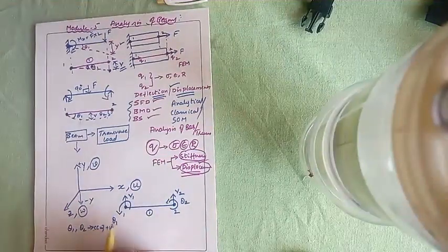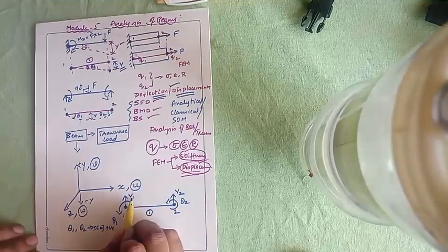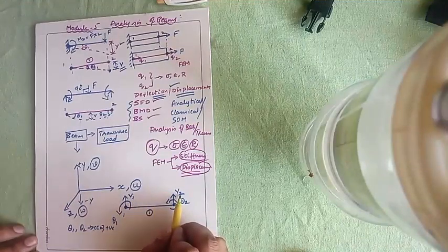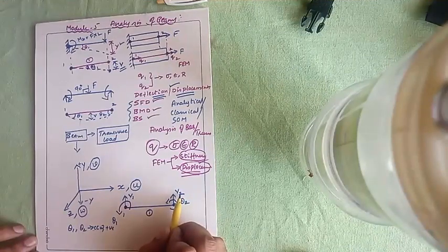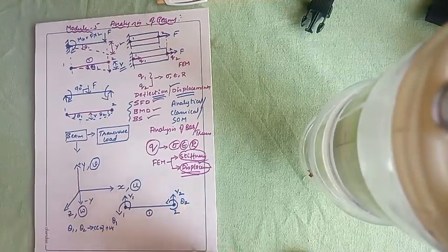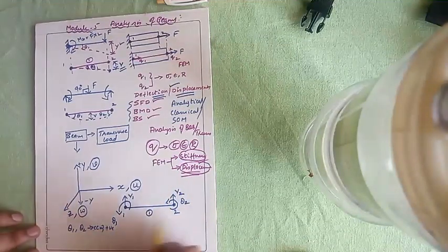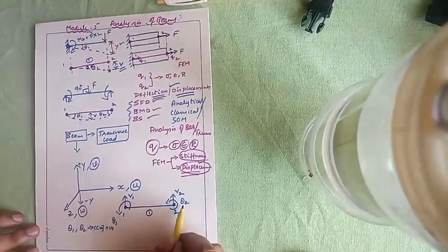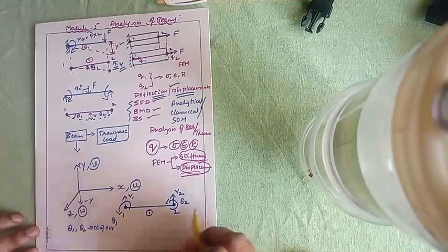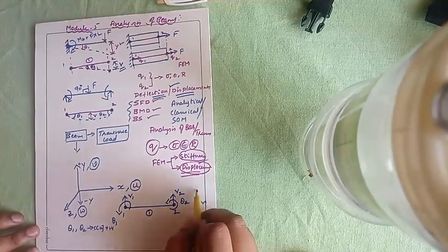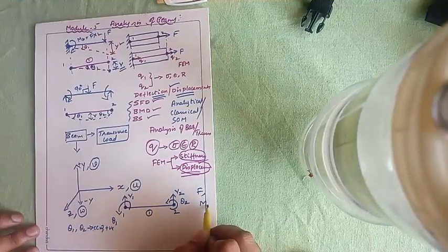You need to understand one more thing. Here, V1 and V2 are the linear displacements, which are due to the transverse forces F1 and F2. Theta 1 and theta 2 are the angular displacements, which are due to the bending moments M.